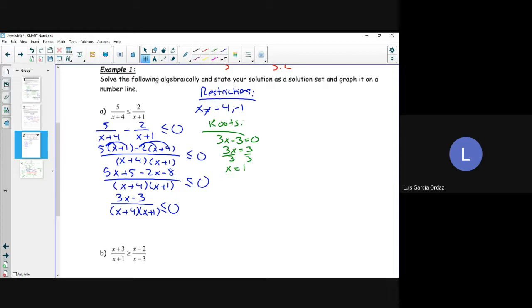Now what's the last step to determine the behaviors of this rational function? What kind of chart are we going to create? What's left to do is to create the sign chart. With our sign chart, we have our three expressions: 3x minus 3, x plus 4, x plus 1, and we have our product.